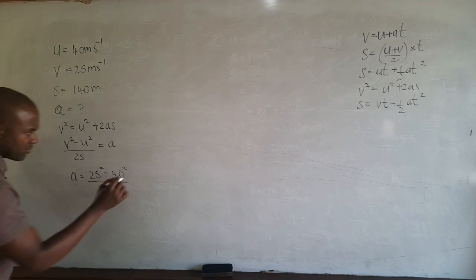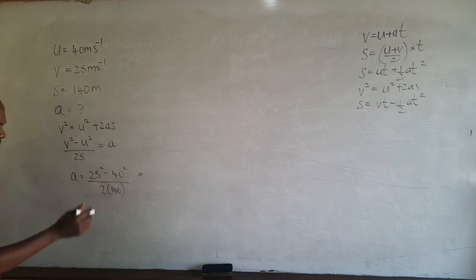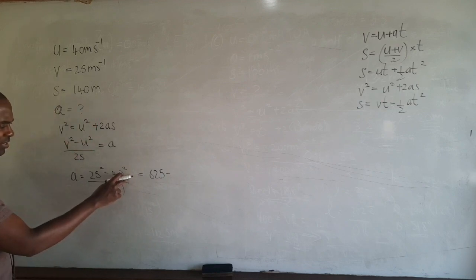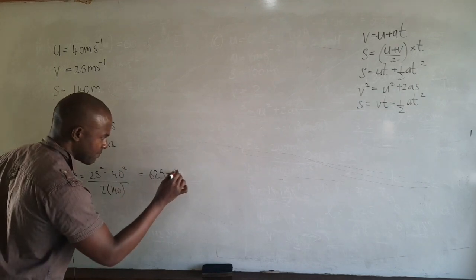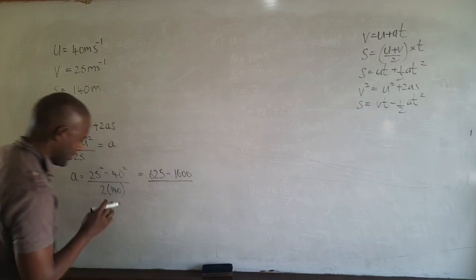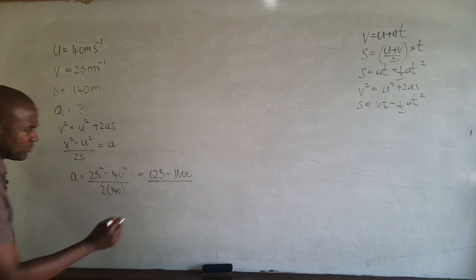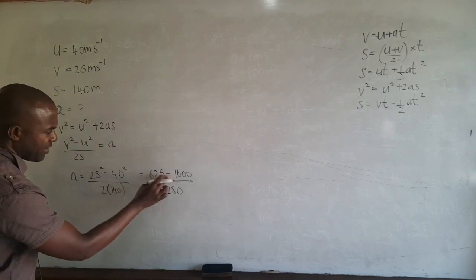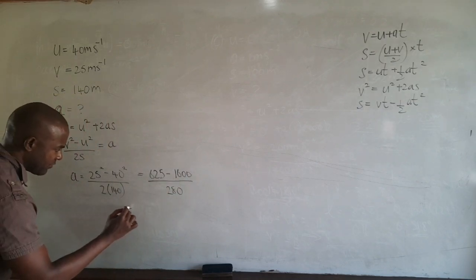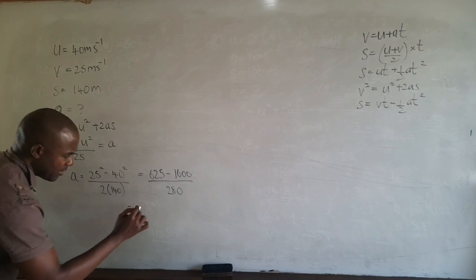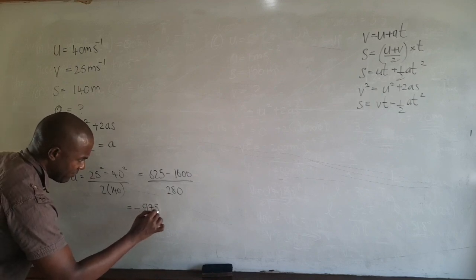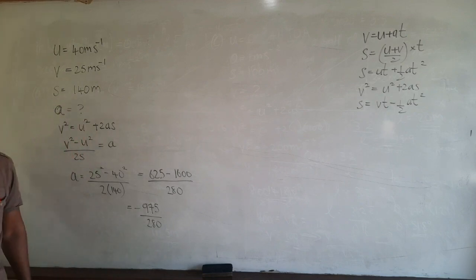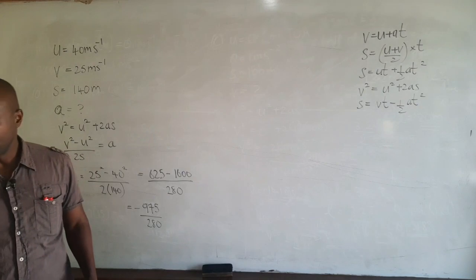And this gives us 25 squared, that is 625, minus 40 squared, which is 1600, divided by 2 times 140, which is 280. So this gives us 625 minus 1600, that is giving us minus 975, and we're dividing that by 280. I'll have to work that out using a calculator.